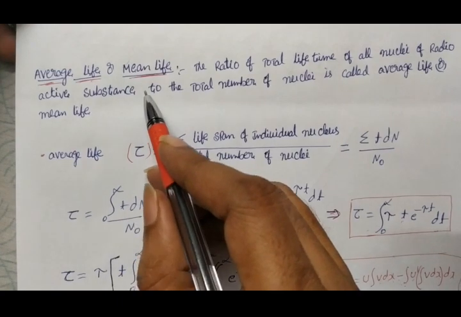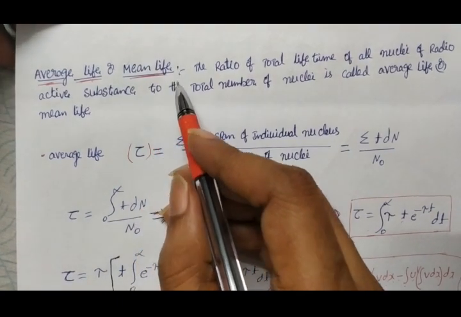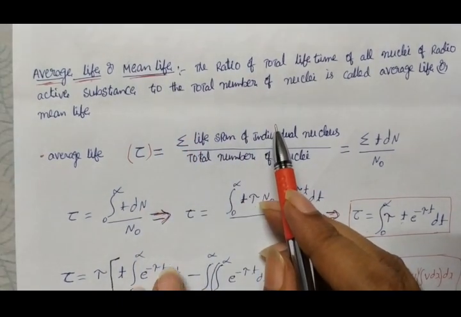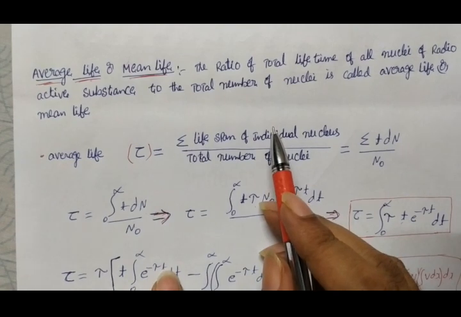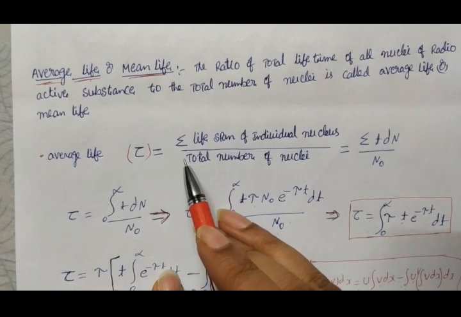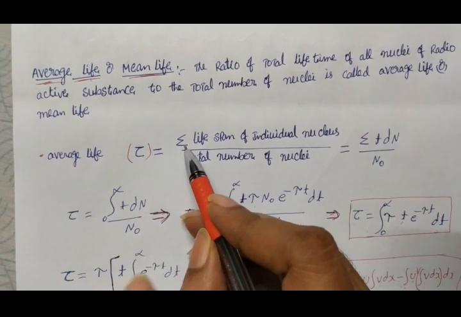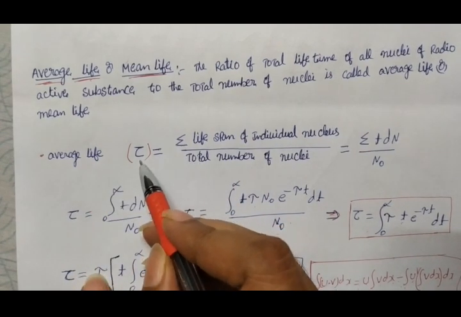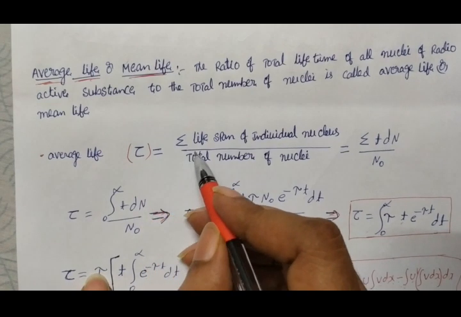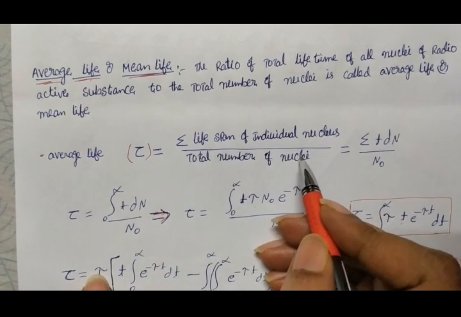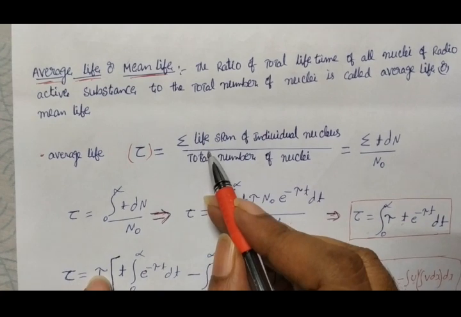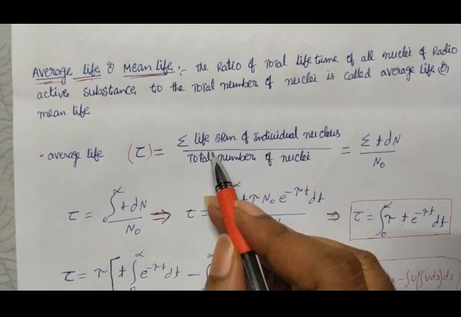Now see about average life or mean life. It is the ratio of the total lifetime of all nuclei to the total number of nuclei. If you add the total lifetime of all the nuclei and divide by the total number of nuclei, you get the average life, represented with the tau symbol. Sigma of the lifespan of all individual nuclei means the lifespan of each and every nucleus.